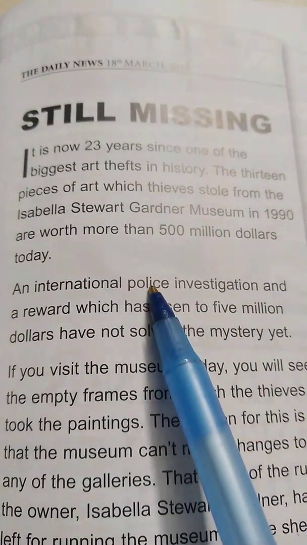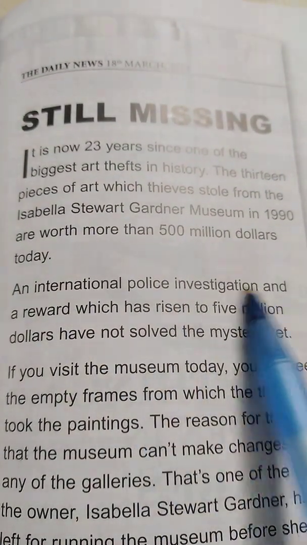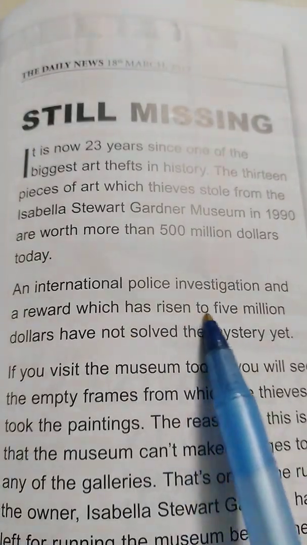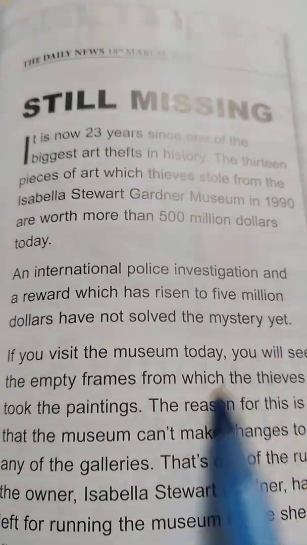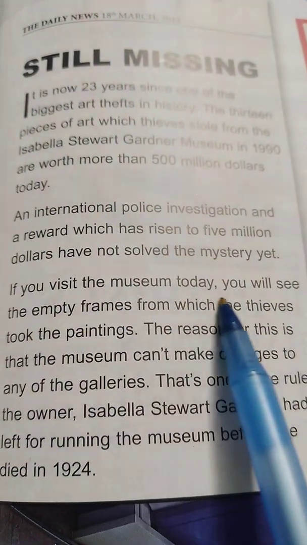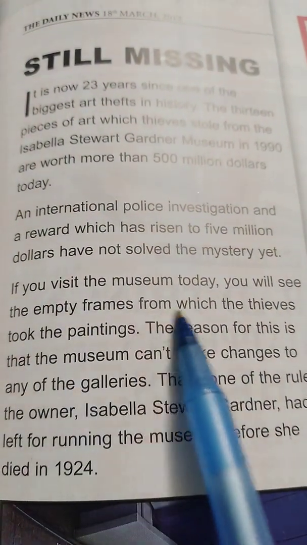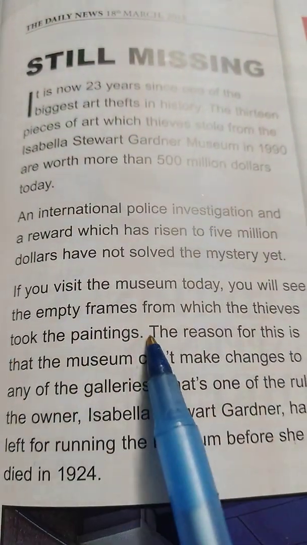If you visit the museum today, you will see the empty frames from which the thieves took the paintings.